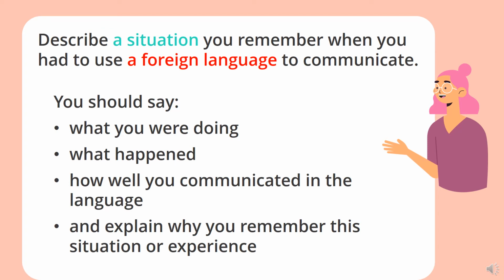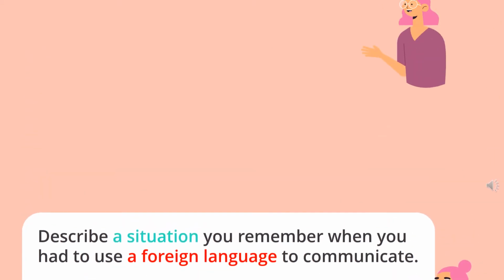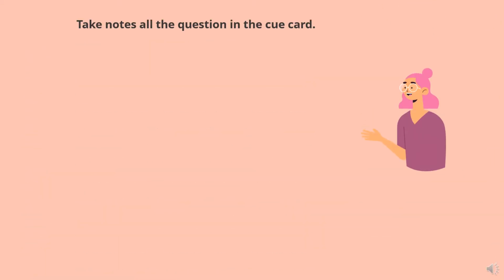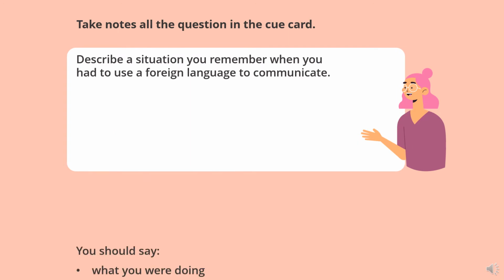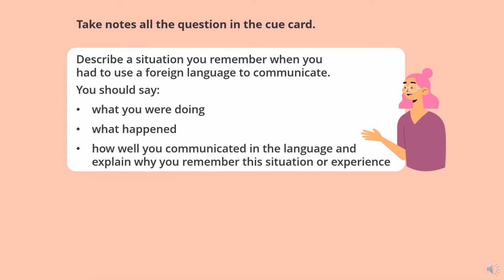Therefore, as I mentioned earlier, when you answer a question in speaking part 2, remember that we have to cover all the questions in the cue card. As I mentioned earlier, there are at least four questions: What happened? What were you doing then?